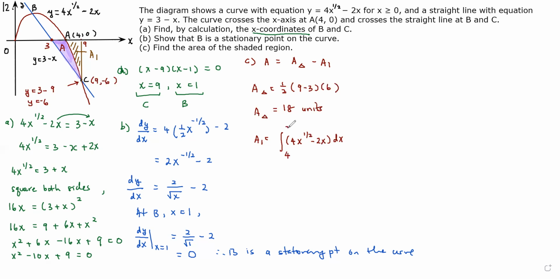But the area is in between the curve and the x-axis. It is below the x-axis, so you must have a negative here. It's easier if you just multiply the negative in. So you integrate from 4 to 9. When you multiply the negative in, we have 2x minus 4x to the 1/2, and we need to integrate this with respect to x.